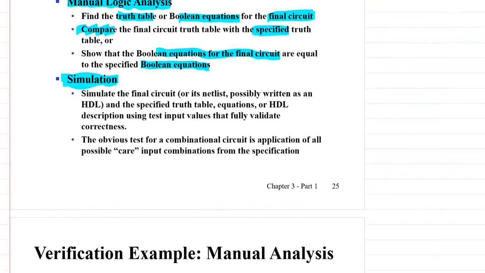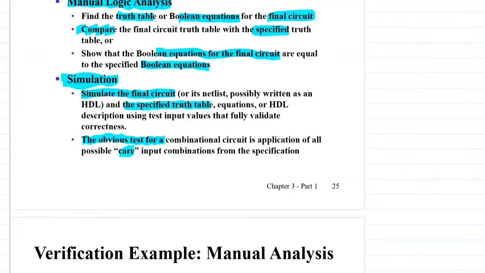In the form of simulation, the verification will be performed in this way. We need to simulate the final circuit that we have designed, and then the specified truth table, equations or HDL description, using the test input values which fully validate the correctness. The obvious test for the combinational circuit will be the application of all possible care input combinations from the specification.